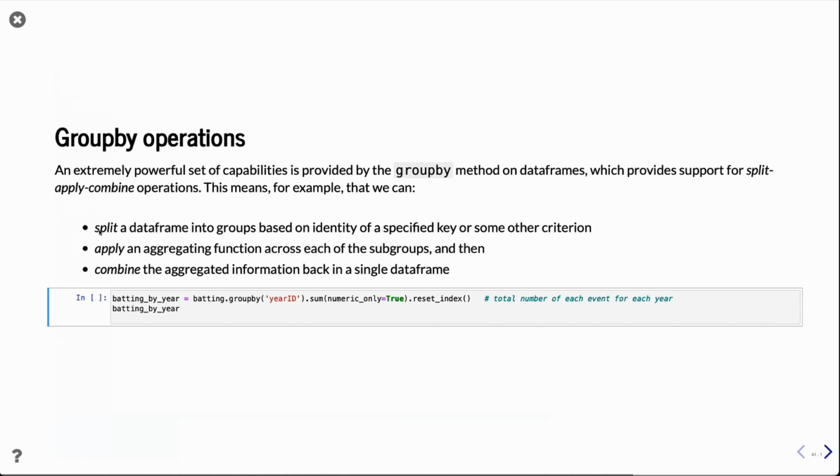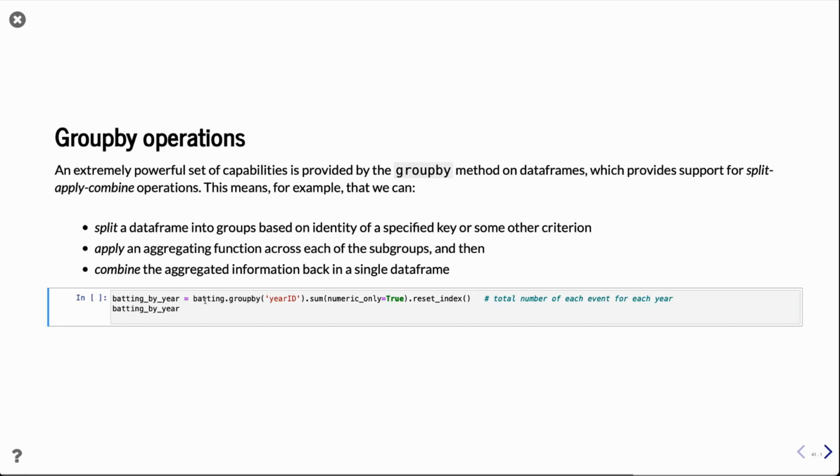So I can split a data frame into subgroups based upon the identity of a particular key or some other criterion. Maybe I want to cut based on different values of some field. I can then apply, after I've done the split, some aggregating function to each of the subgroups, and then I can combine the aggregated information back into a single data frame.